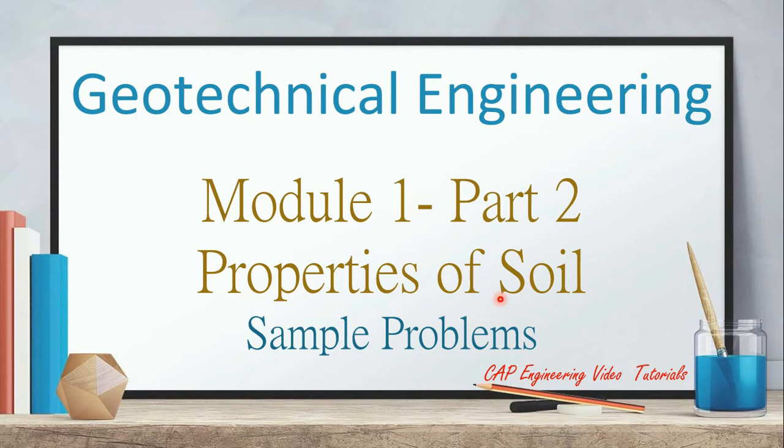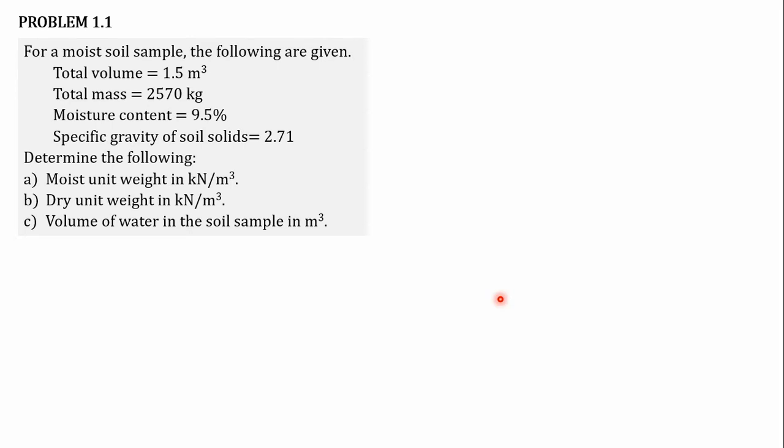Okay? So, una tayo sa problem 1.1. For a moist soil sample, the following are given. Total volume, which is equal to 1.5 cubic meter. Total mass is equal to 2570 kilogram.